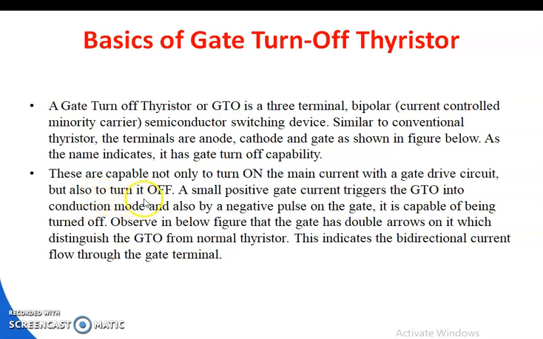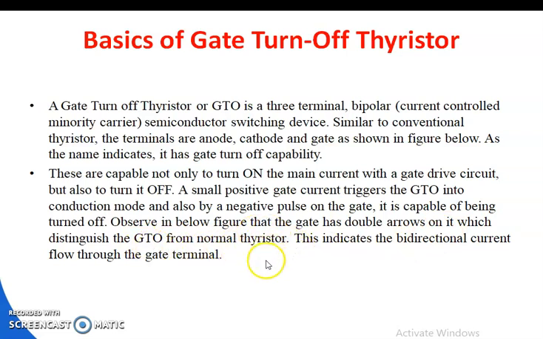A small positive gate current triggers the GTO into conduction mode, and a negative pulse on the gate is capable of turning it off. Observe in the figure below that the gate has a double arrow on it, which distinguishes the GTO from normal thyristors.